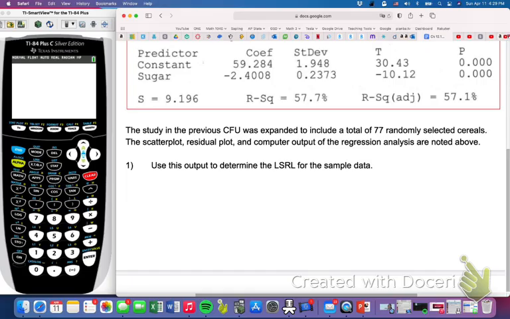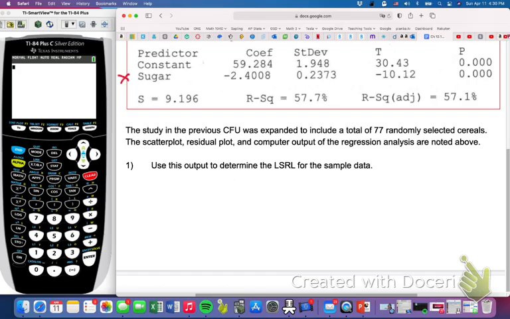So use this output to determine the least square regression line for the sample data. Okay, so question number one, use this computer output to determine the least square regression line for the sample data.